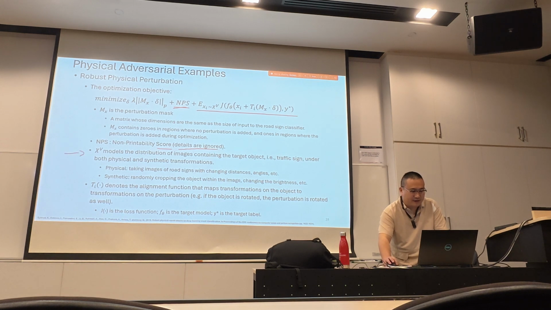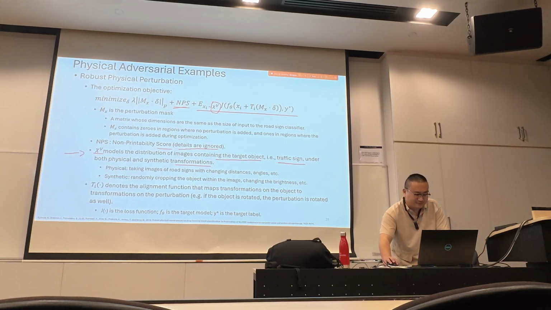For the last one, we have X^V, and this models the distribution of images containing the target object. Here we focus on the traffic sign, under both physical and synthetic transformations. So X^V just represents the different transformed target objects.